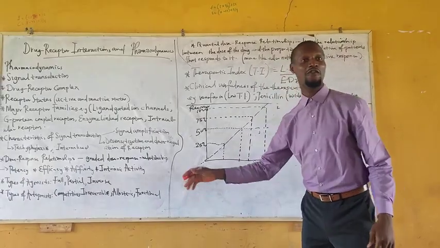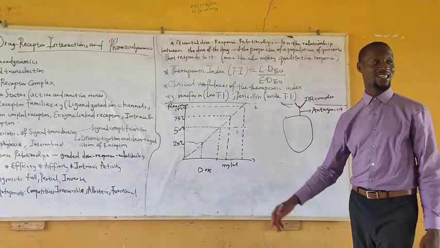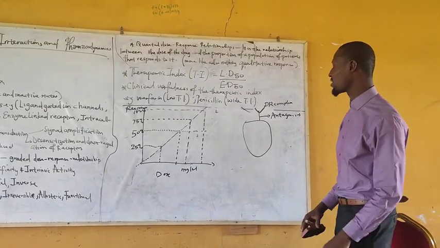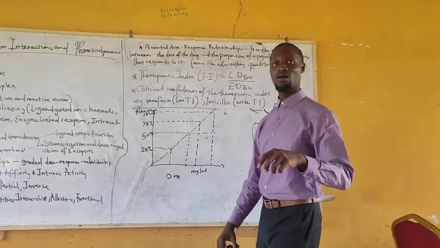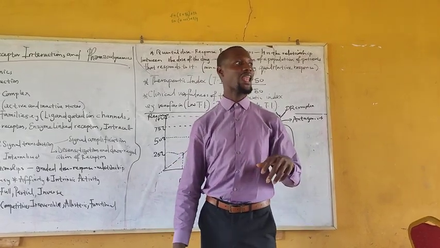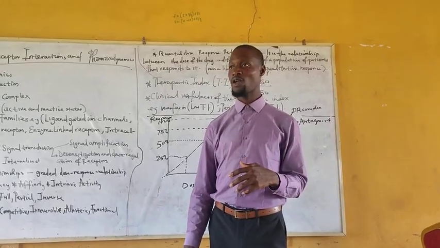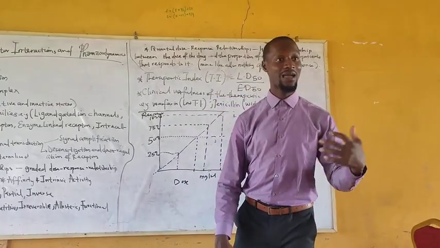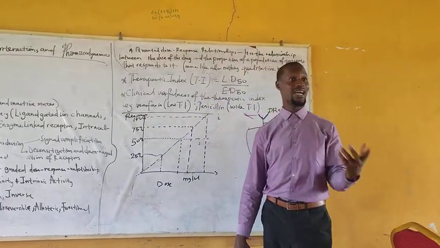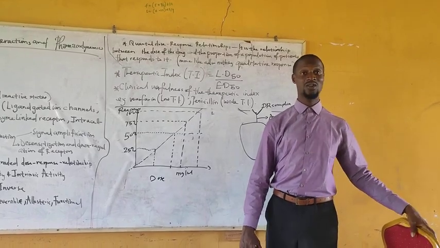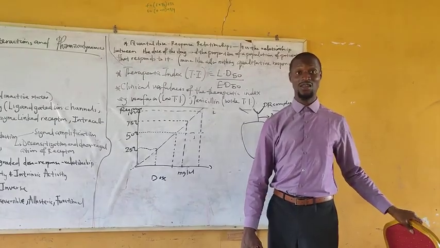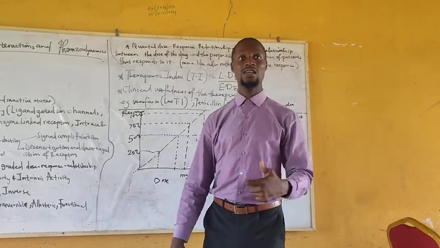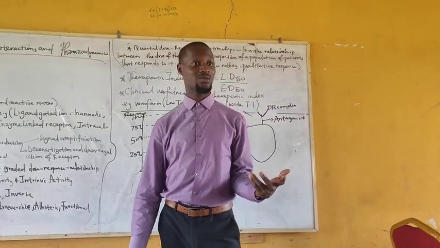The first one is what we call functional antagonism. A lot of this is seen in the clinic. Somebody has, let's say, anaphylactic shock, an allergic reaction that is life-threatening.